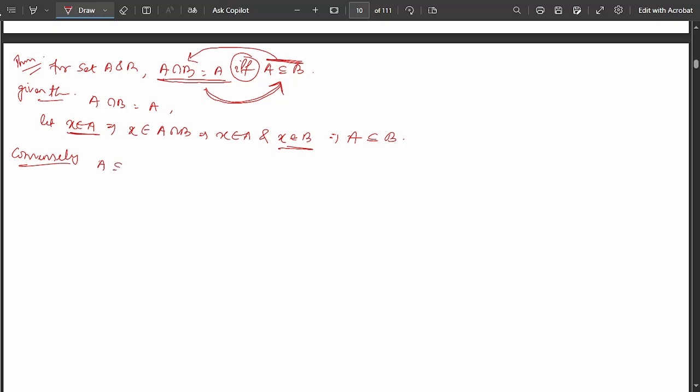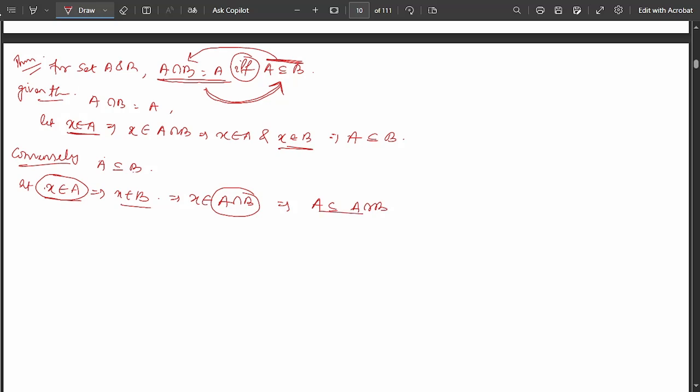We have A a subset of or equal to B. Let x belong to A. Since A is a subset of or equal to B, every element of A is contained in B. So if x is contained in A, that implies that x is also contained in B, which implies that x contained in A is also contained in B. So this implies that x is contained in A ∩ B, which implies that A is a subset of A ∩ B.